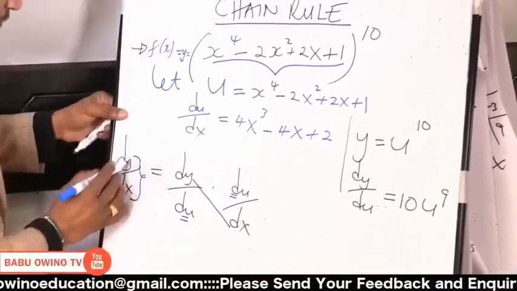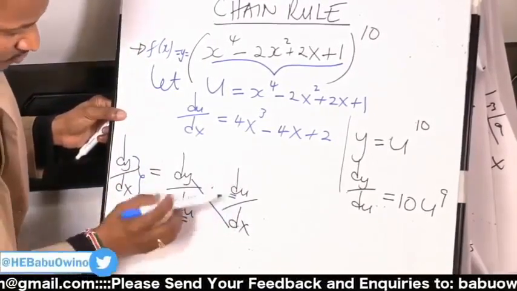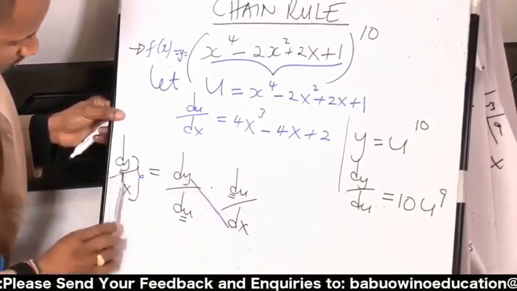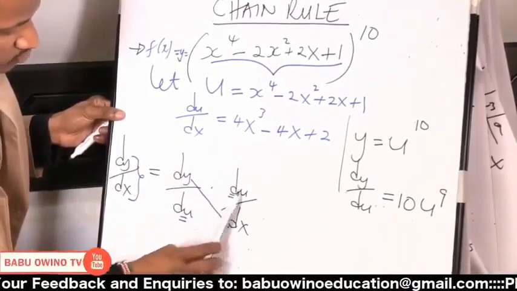Class again, dy dx equals dy du times du dx. So you can easily cancel du and du. You remain with dy dx. So writing dy dx in this form is just the same as writing dy du times du dx.